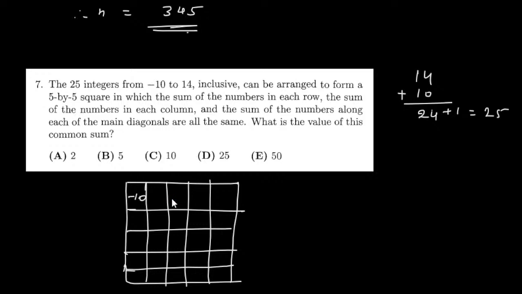So what is the value of this common sum? The sum along each row and along each column, and only 25 numbers are there. One, two, three, four, 5.